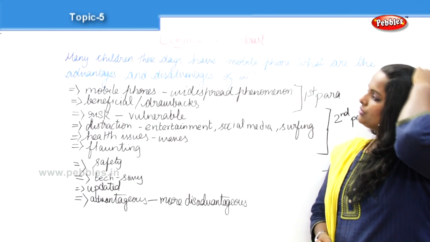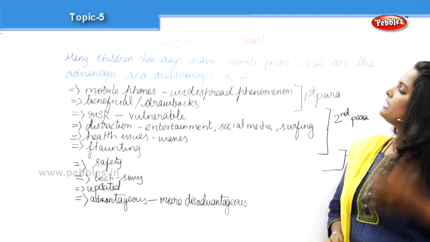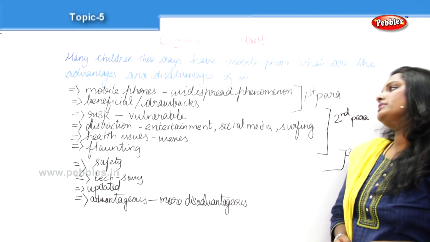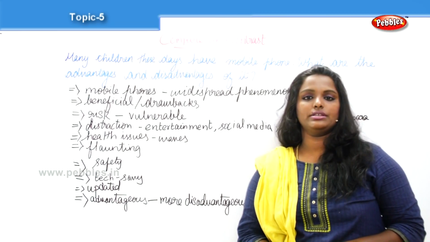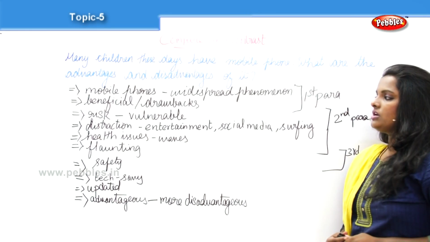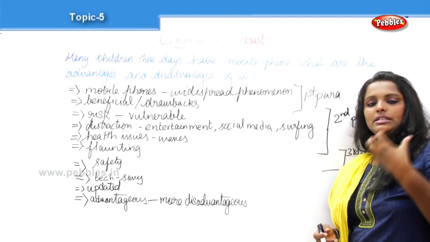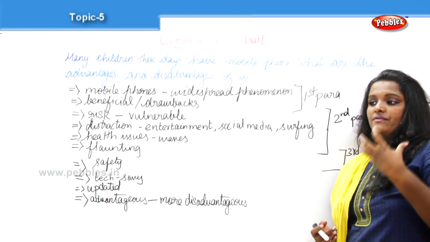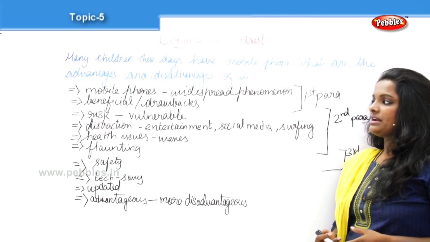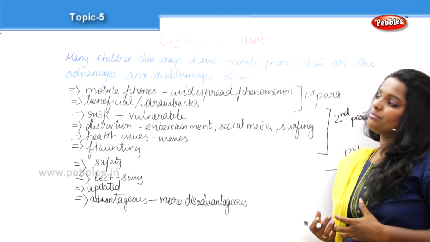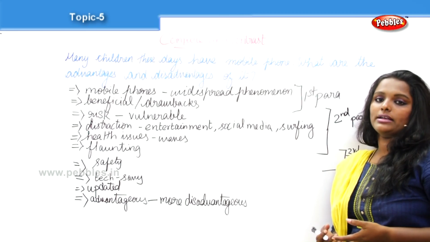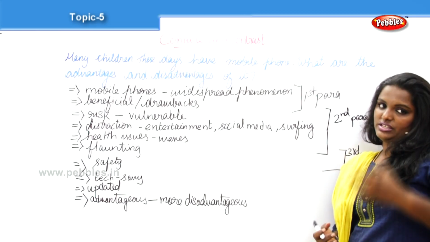So let's quickly go through the question. Many children these days have mobile phones. What are the advantages and disadvantages of it? In the first paragraph, I would talk about mobile phones and how it is a widespread phenomenon, how every pocket has a mobile phone in fact. It provides both benefits and drawbacks, so both need to be mentioned in the first paragraph.